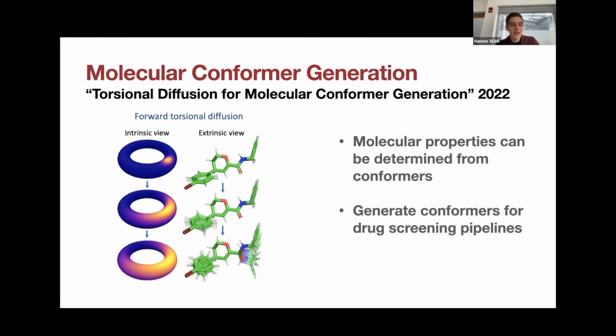What they did there is to only generate the torsion angles of a small molecule, because the bond lengths and bond angles are very rigid and well determined, and predicting them isn't the hard part in most cases. And they do that with a diffusion model over the torsion angles of the small molecule.